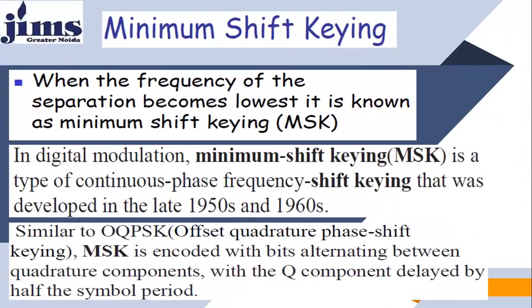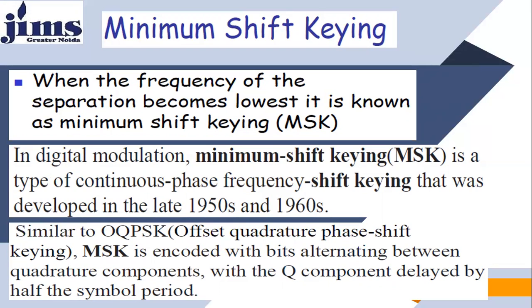Now come to another topic: minimum shift keying. Sometimes you want to shift the frequency, you want to change the frequency as minimally as possible. So when the frequency separation becomes lowest, it is known as minimum shift keying.